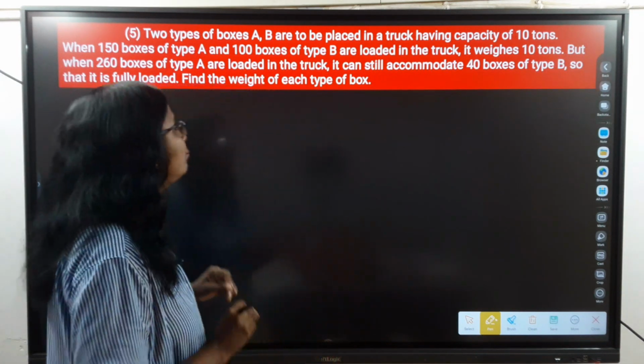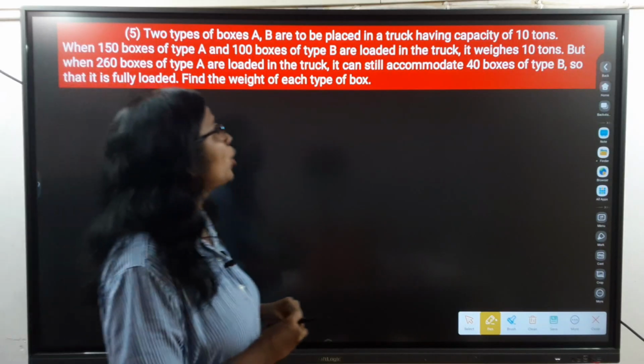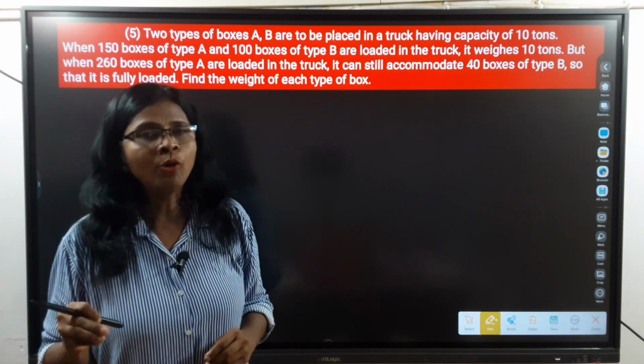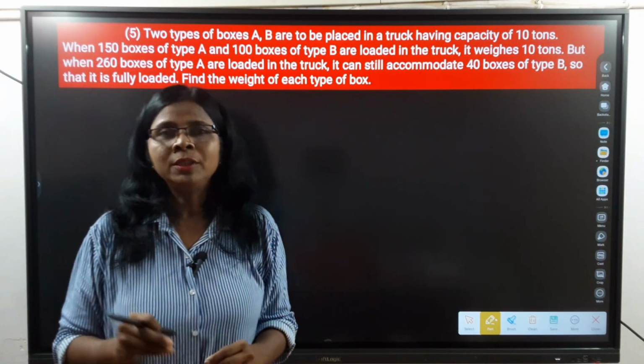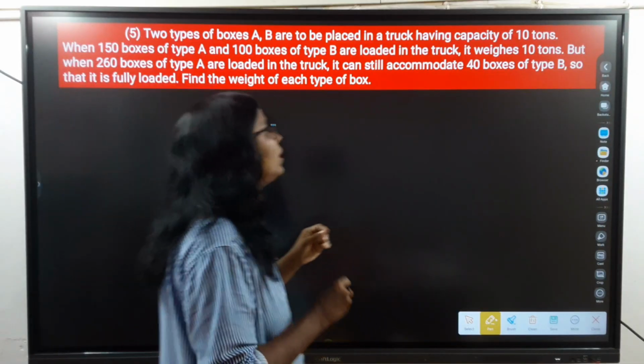So now here students, we have to find out the weight of the type A box and the weight of the type B box. So this is our assumption part.